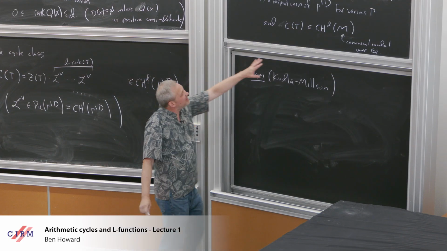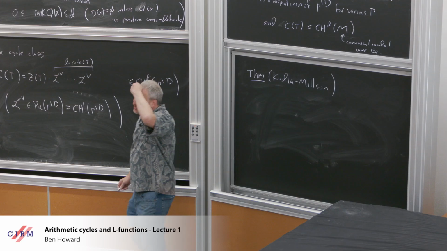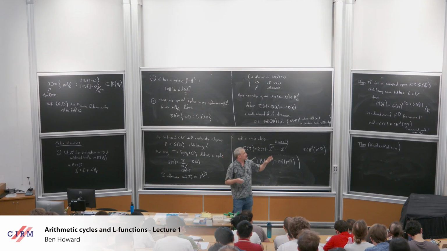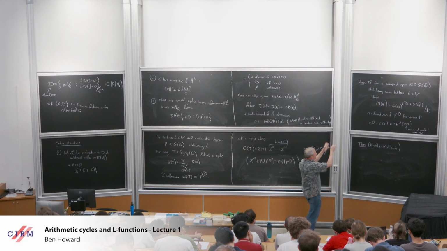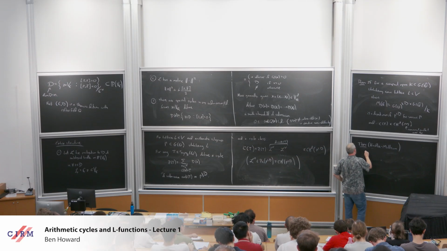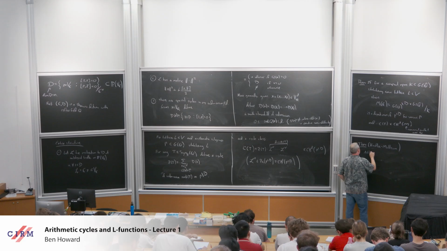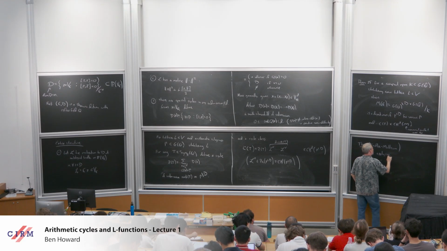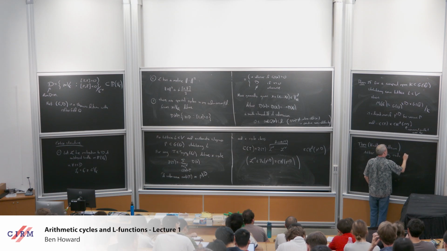So we've got these classes in the Chow group. There's a cycle class map from the Chow group into cohomology of the complex points. So let's take these cycles, apply them, so after applying the cycle class map.